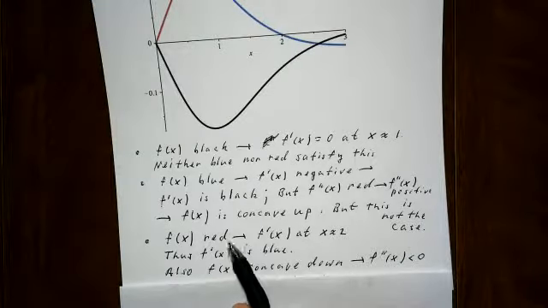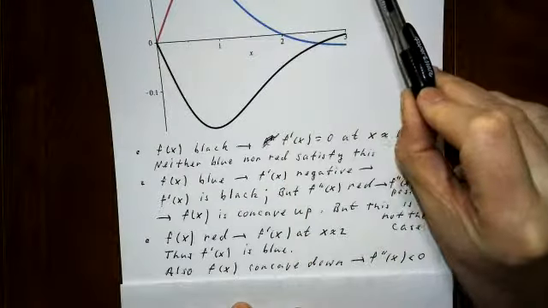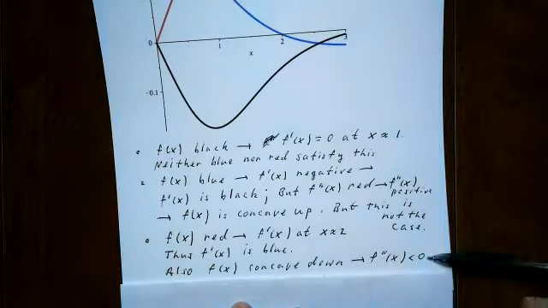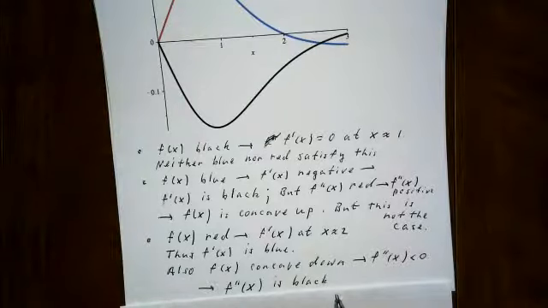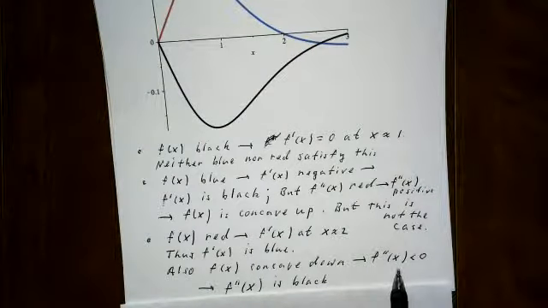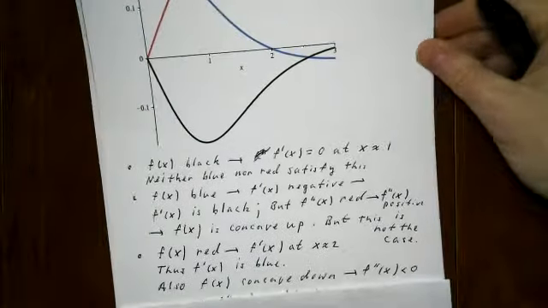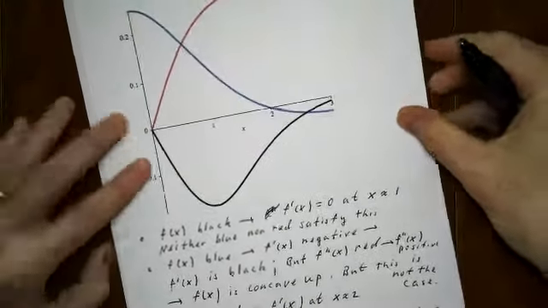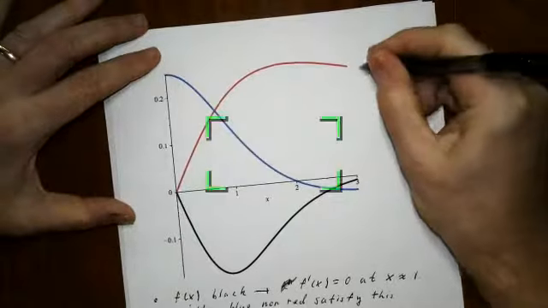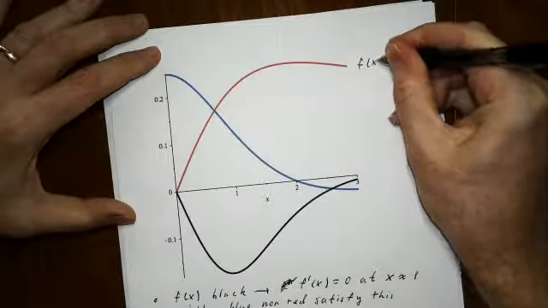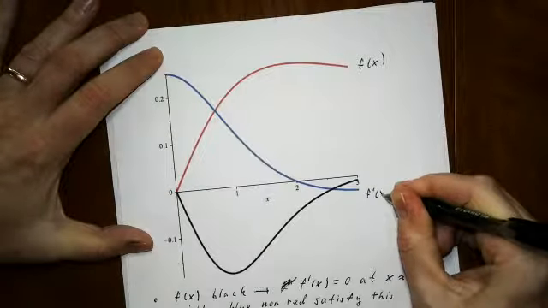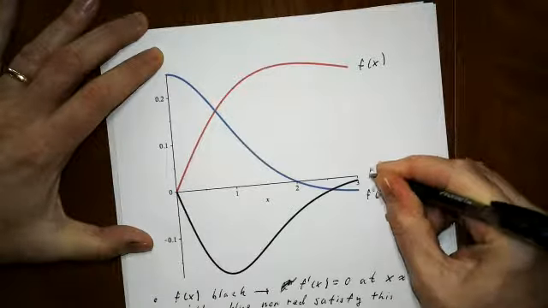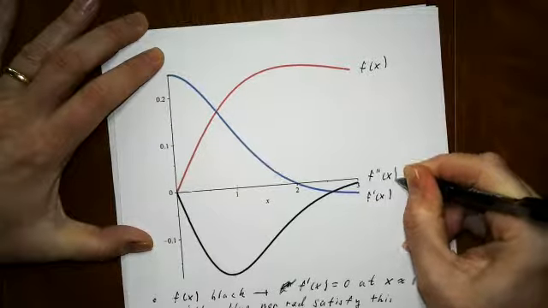F of x, if it's red, is always concave down, which means the second derivative is negative. And if the second derivative is negative, the second derivative graph has to be below the axis, and that is certainly the case for the black function. So again, to summarize that, f of x is the red, f prime of x is the blue, and f double prime of x is the black.